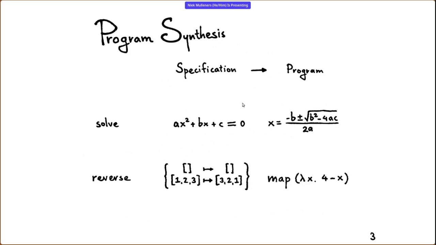The map function, which maps a function over a list, applied to the function that subtracts its input from the number 4. And you could easily tell that this is a correct implementation for the specification that we gave, but it's not a correct implementation for reverse. But this is just how incomplete specifications work.